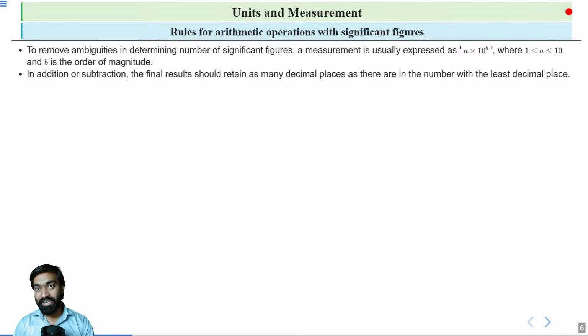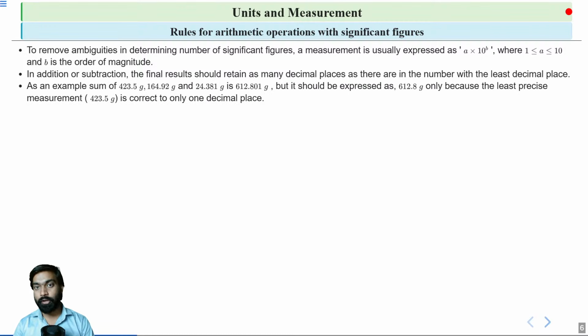When performing addition or subtraction, the final answer should have as many decimal places as the number with the fewest decimal places among the original numbers. This indicates that your answer can only be as accurate as the least precise measurement.